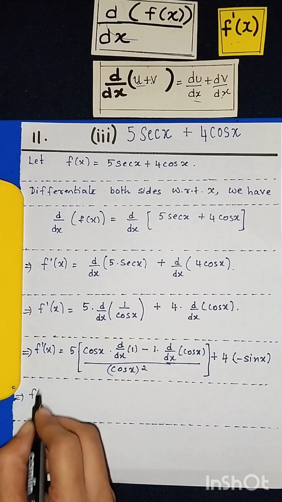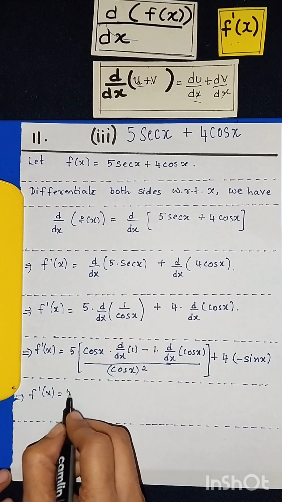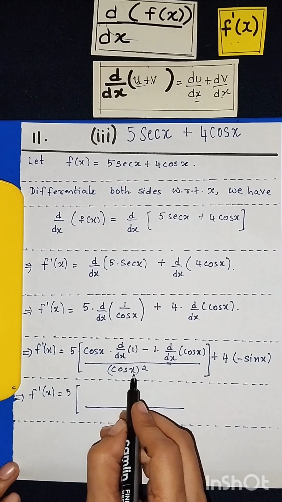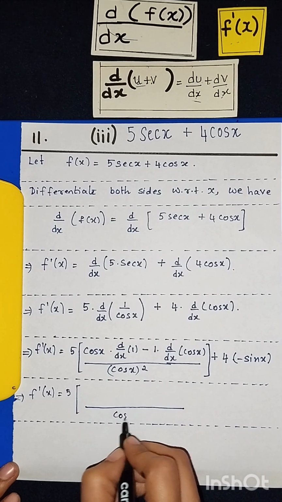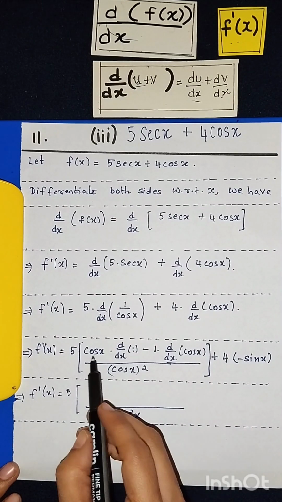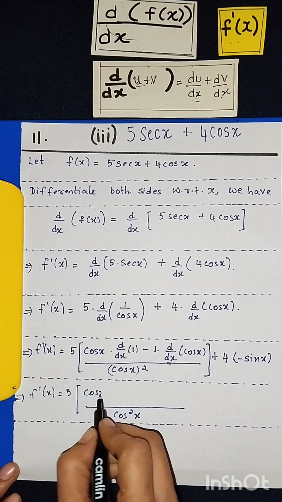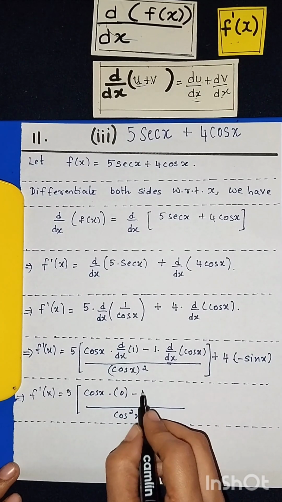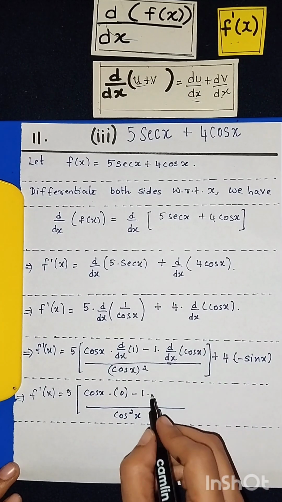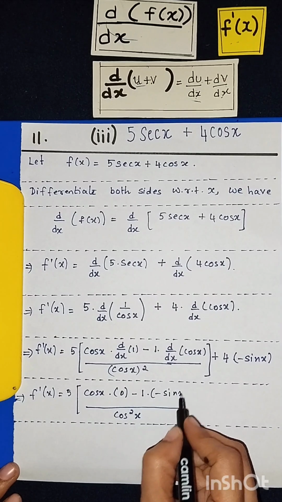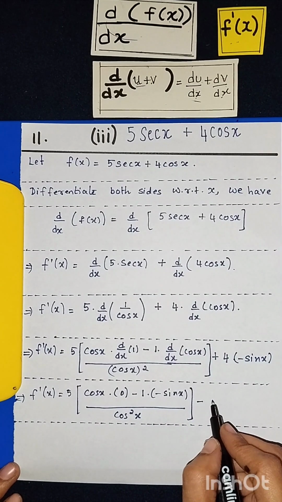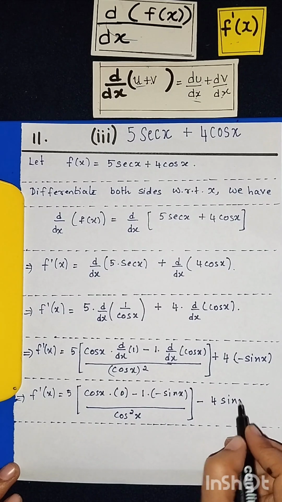Now this implies f dash of x is equal to 5 times, in the denominator cos x the whole square can be written as cos square x, cos x, and the derivative of the constant 1 is 0, minus 1 into the derivative of cos x, which is minus sin x, plus 4 times minus sin x, which is minus 4 sin x.